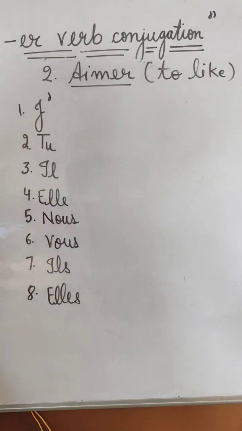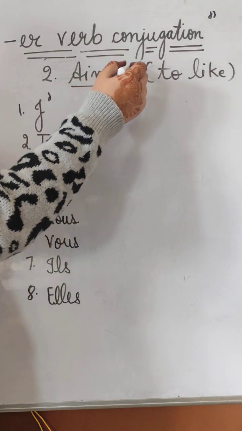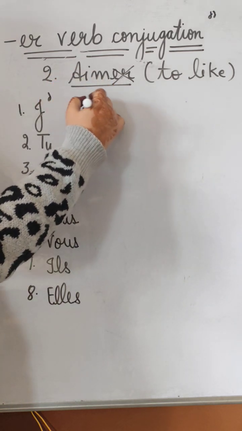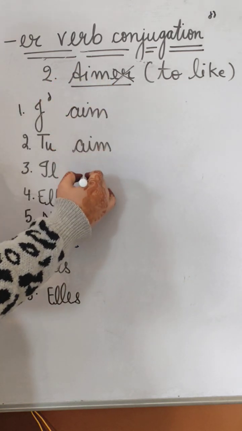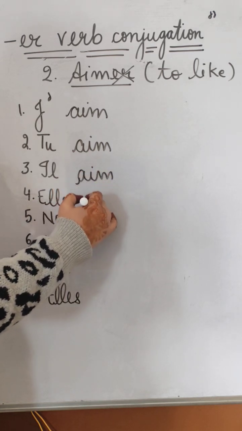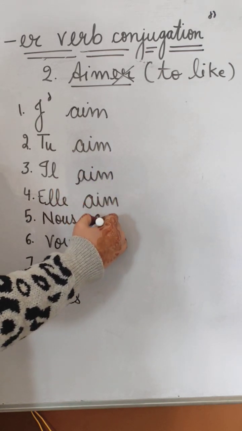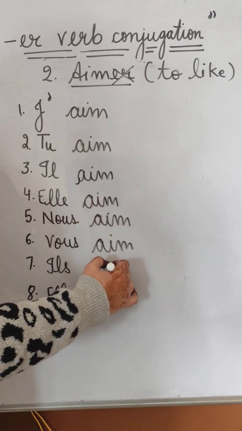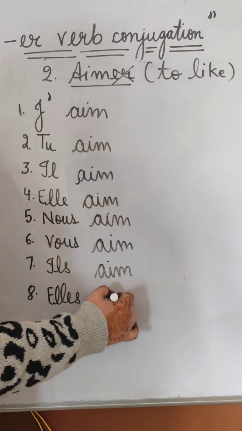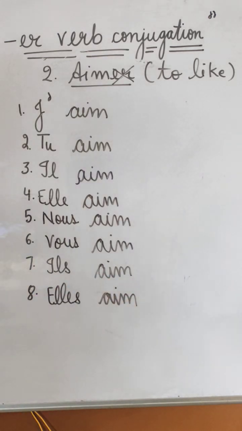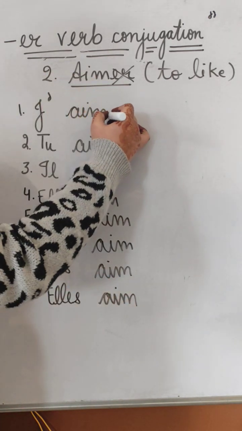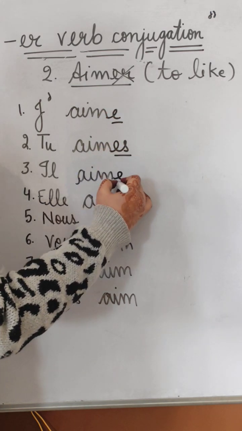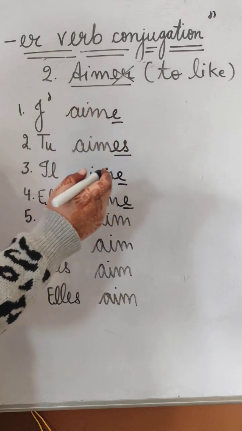So what I told you, what is rule number 1? We will cut the ER. So what is left? Aim. So everywhere we will write aim. Now what is the next rule? Add. Yes, add e, then es, then e, then again e, the singular.